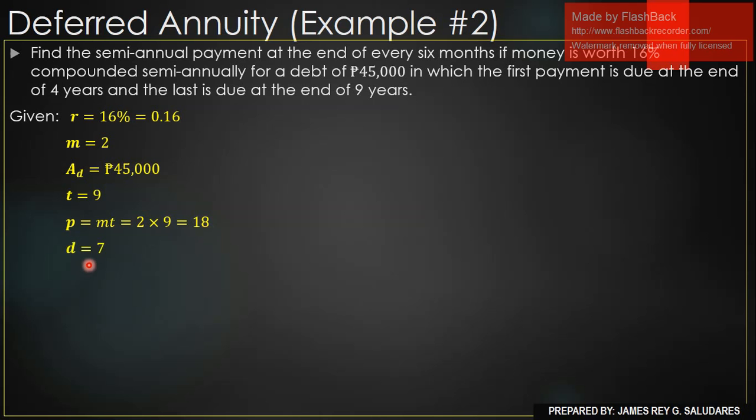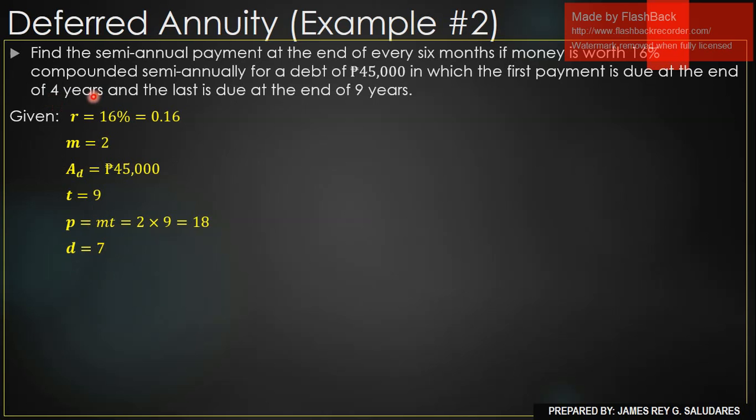And for your deferred payment, D is the number of periods in which you have not yet paid. So your D is 7 periods. Why 7? For the first 3 years there are 6 semi-annual periods, and for the 4th year, only the first semi-annual period is unpaid.